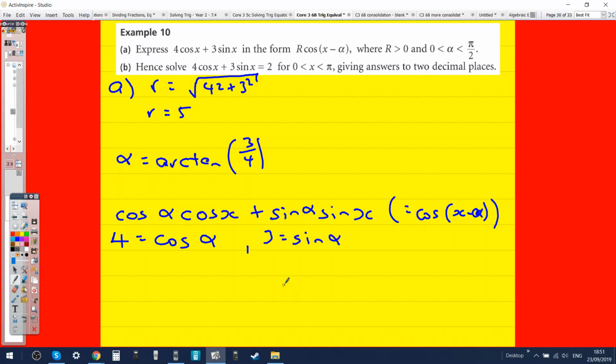Okay, so I'll write that down actually. That's 4 cos x plus 3 sine x. Okay. Sine alpha equals 3, cos alpha equals 4.